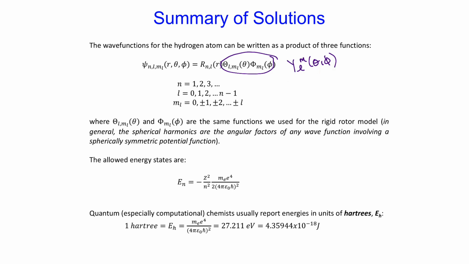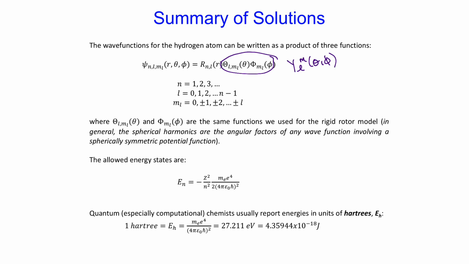Our new quantum number that arises naturally out of our solutions is N. Remember, this is your total energy quantum number, or your principal quantum number. We're going to see that it arises from solving those radial functions. All right, so those are the wave functions that we're going to be working with for the hydrogen atom.